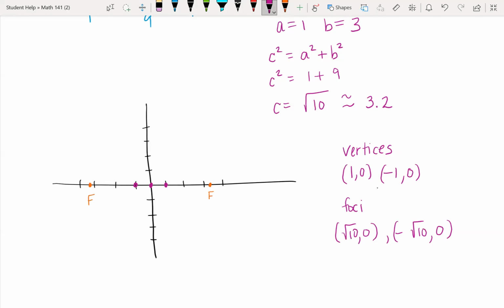Okay. And then b, and again, we're using b just to draw a rectangle so we can get the asymptotes. b is 3, so we're going to go up to here and to here so that we can draw this rectangle, which will be used to guide the asymptotes.